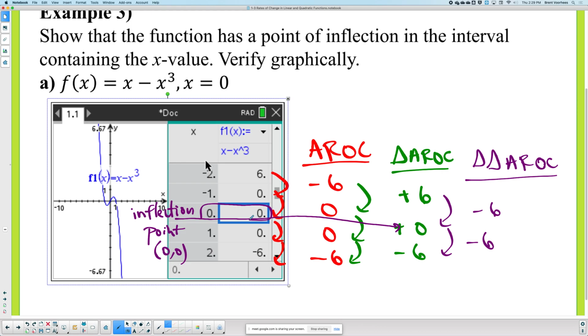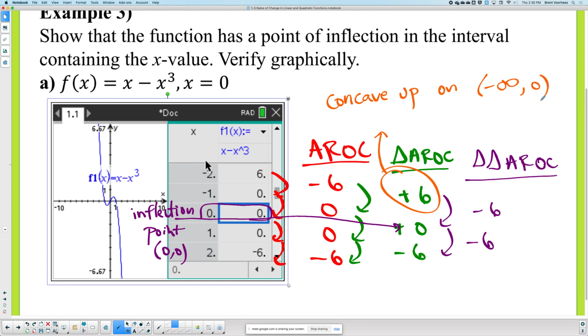So when this part, if you have a positive change in the average rate of change, what does that mean? Concave up or concave down? This is concave up. This is coming from negative infinity all the way to 0.